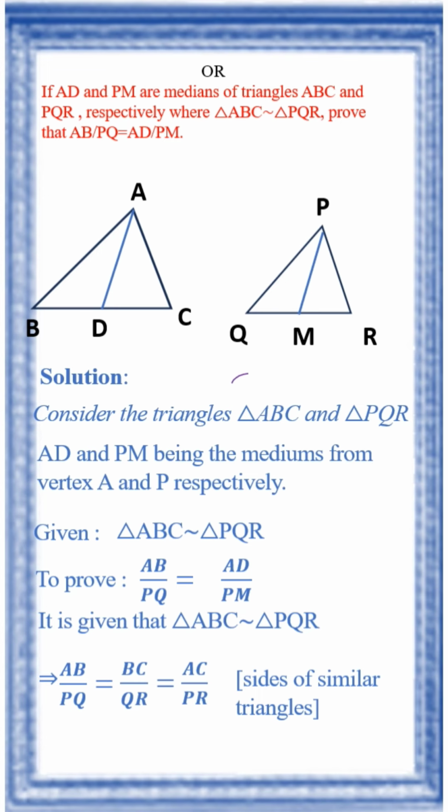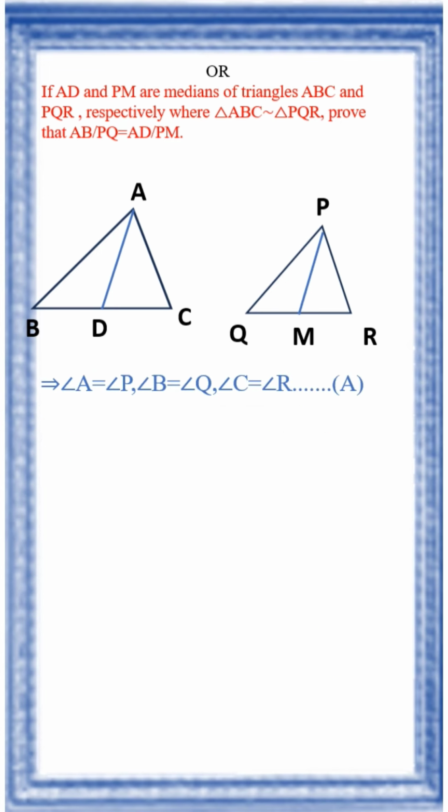So we also can have that angle A is equal to angle P, angle B is equal to angle Q, angle C is equal to angle R. Why? These two triangles are similar. It implies that their angles are equal.